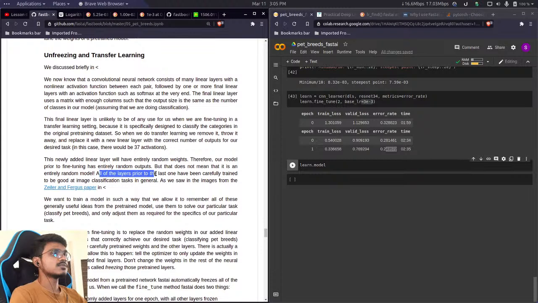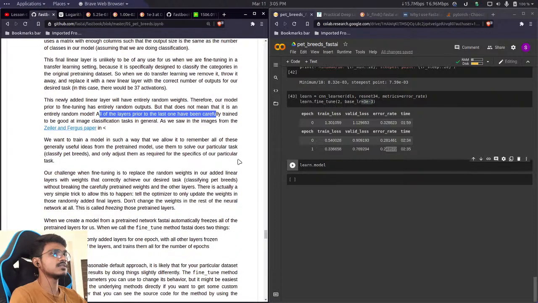All of the layers prior to the last one have been carefully trained to be good at image classification tasks in general, as we saw in the images from the Zeiler and Fergus paper. Now we want to train a model in such a way that we allow it to remember all of these generally useful ideas from the pre-trained model and use them to solve our particular task.